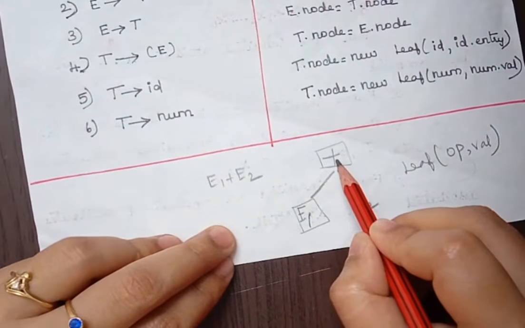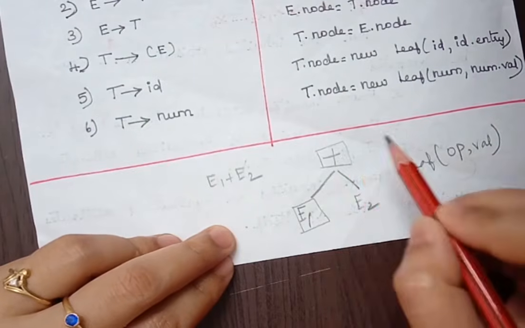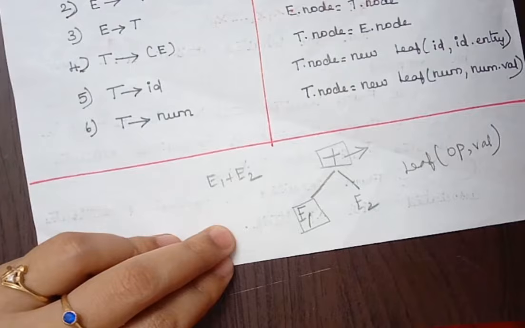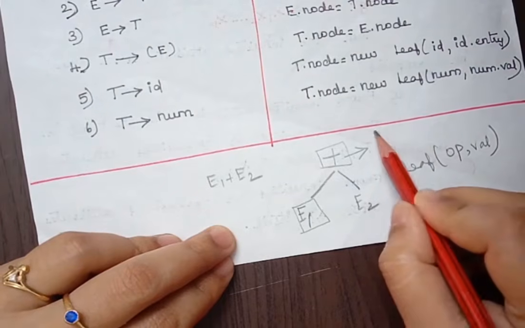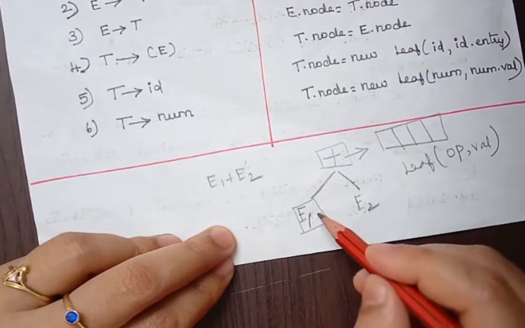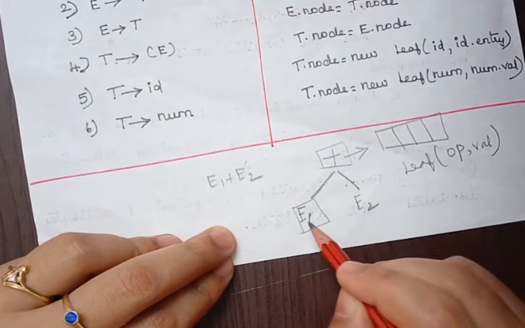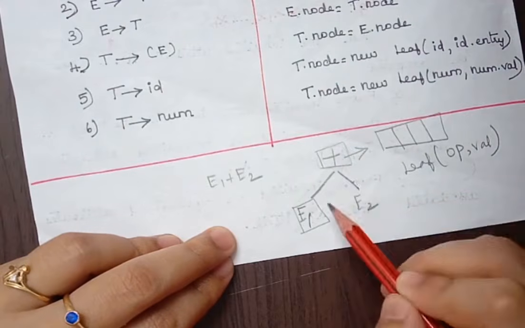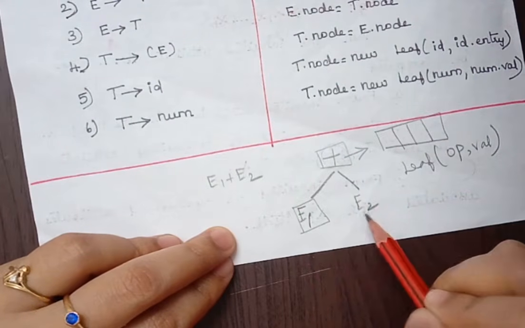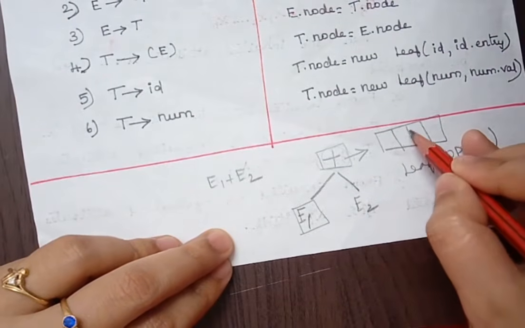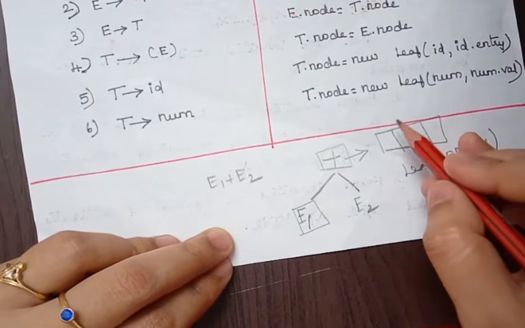For example, if plus is the interior node, then this plus will have an object that contains a number of fields, and these fields depend on the number of children of that particular interior node. Here the number of children is 2, which are E1 and E2, so the number of additional fields will be 2.